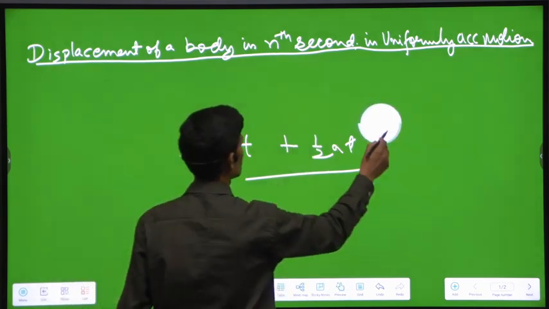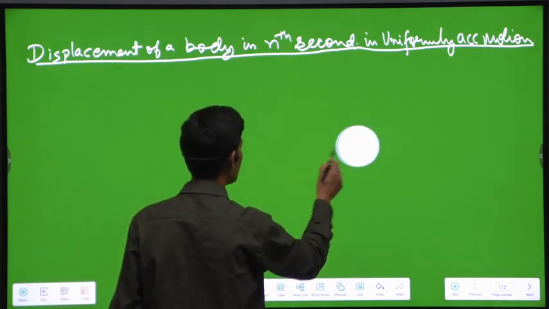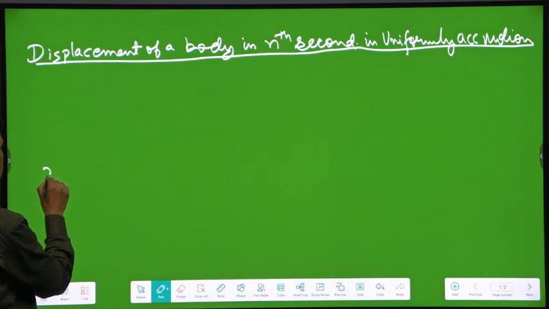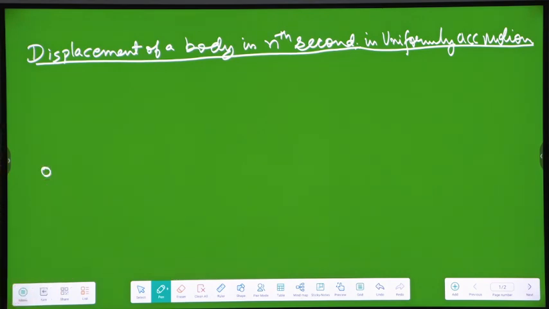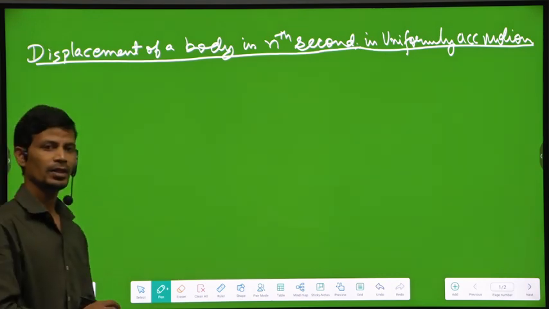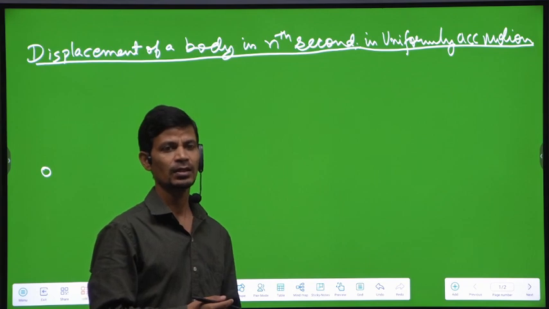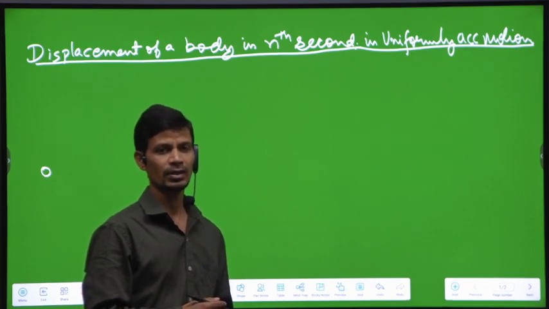Let me explain this nth second concept once again. Let us suppose there is an object, and after each second it is moving in such a way that it is covering equal distance.